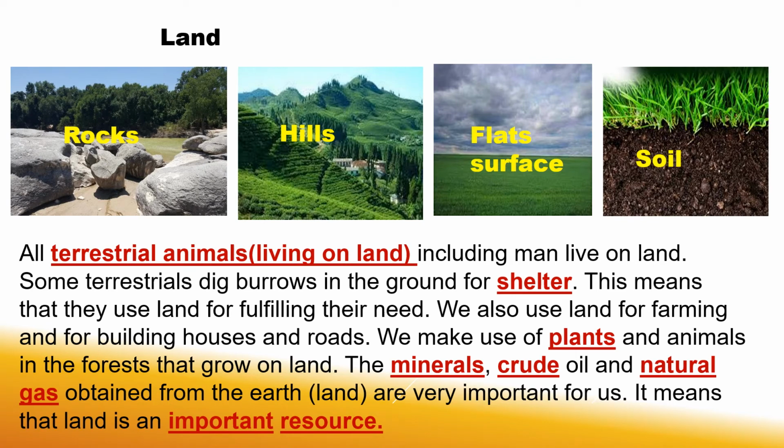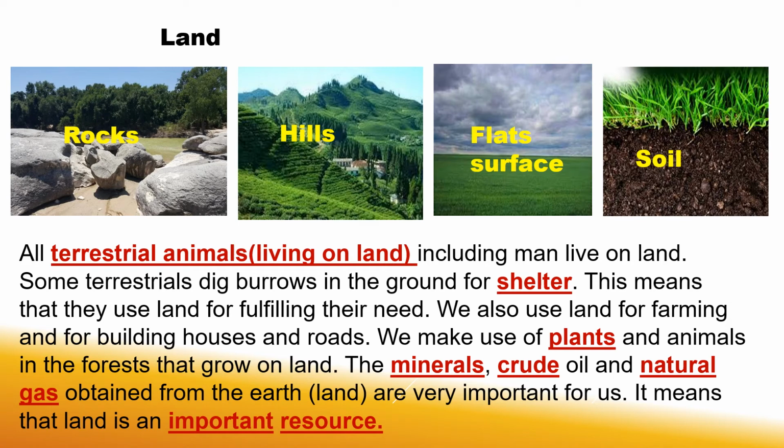Why is land an important resource, children? Because all animals, including man, live on land. Some terrestrials dig burrows in the ground for shelter. Students, we also use land for farming and for building houses.